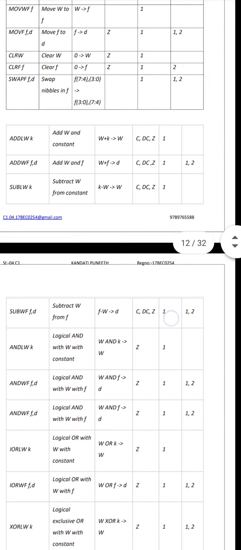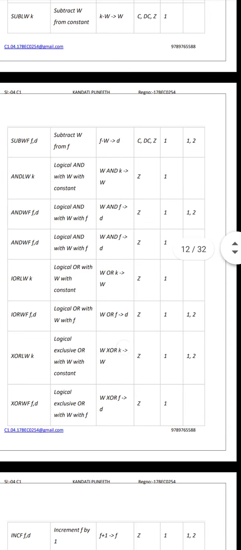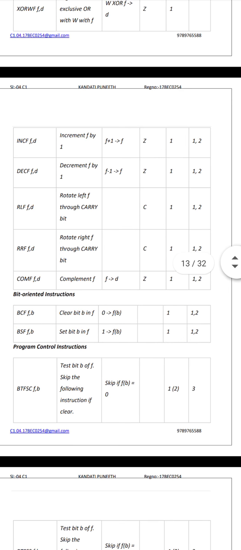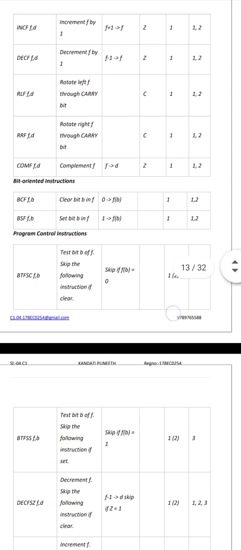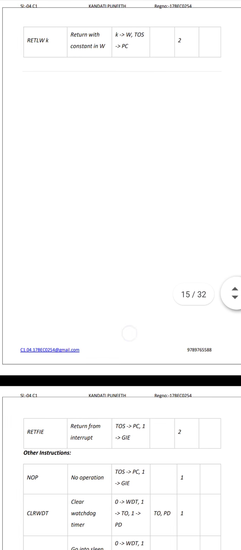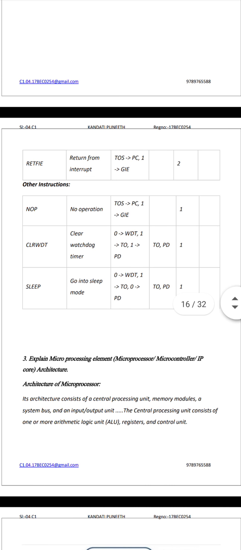And these are all the systematic data transfer instructions. This is the main table, and we divided it into bit oriented instructions and program control instructions. These are the tables for this. And coming to the other instructions, they are NOP, CLR, and SLEEP. This is the other instructions.